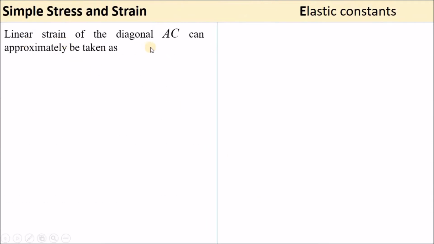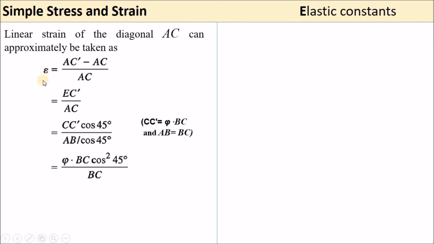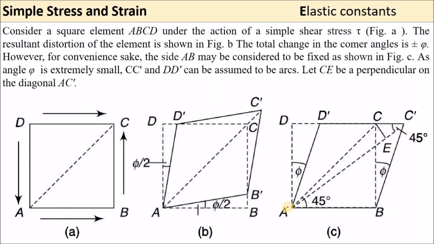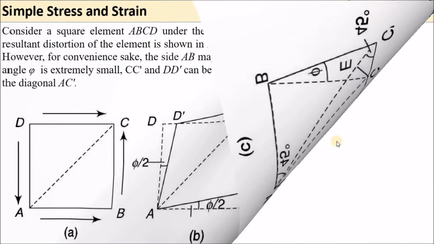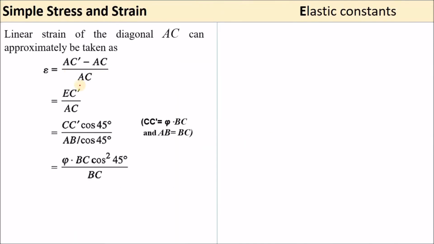Linear strain of diagonal AC can be approximately taken as strain equals AC dash minus AC divided by AC, where AC dash is the final length of the diagonal and AC is the original length. Clear? That is EC dash divided by AC, which gives CC dash cos 45.